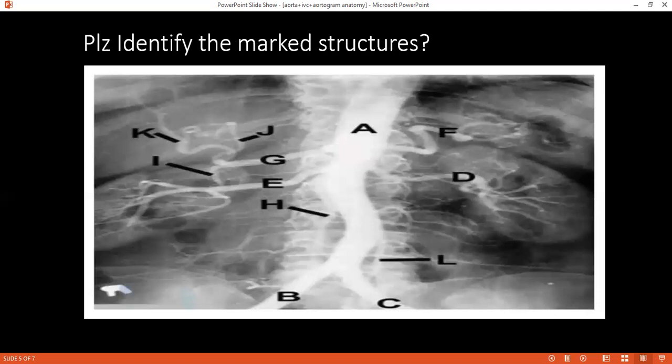What is the pathogenesis? Saccular, yes. Pathogenesis could be a true aneurysm or post-traumatic or false aneurysm. Can you mention a few risk factors which can cause an abdominal aortic aneurysm to form?